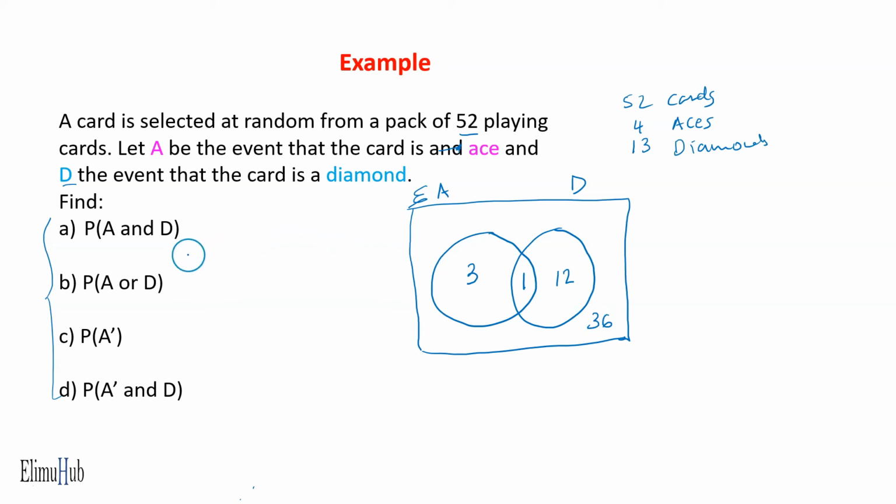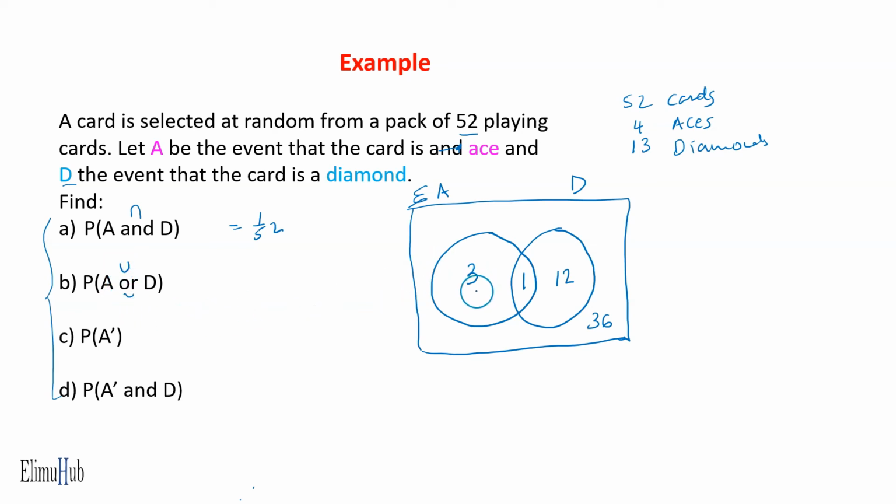Right, what's the probability of getting A and D? So we said A and D is A intersection D, which is the middle part. There's only one card. So this one is 1 out of 52. Right, what's the probability of A or D? What did I say or means? It's union, right?